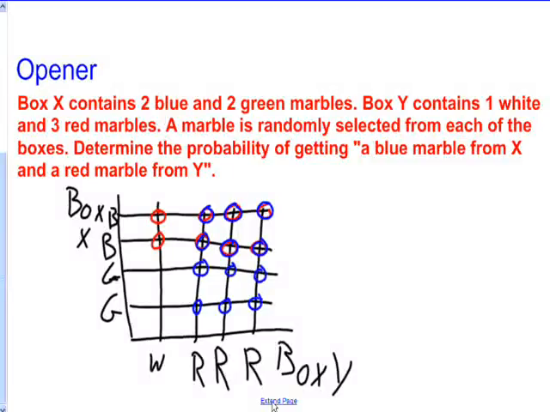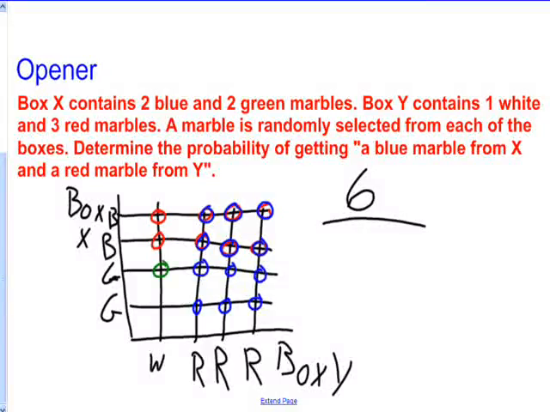Where they cross over, I have 6 different intersections, where I not only grab a blue marble from X, but a red marble from Y. So I have 6 over how many outcomes I've had.